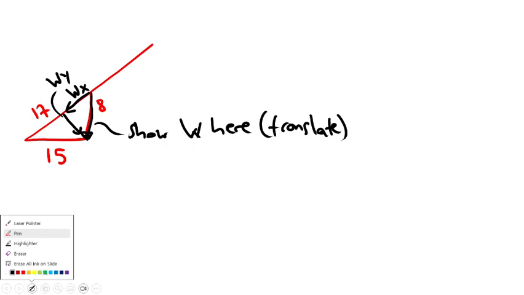If I look for the angles, then I have the theta here, and this one is 90 degrees.